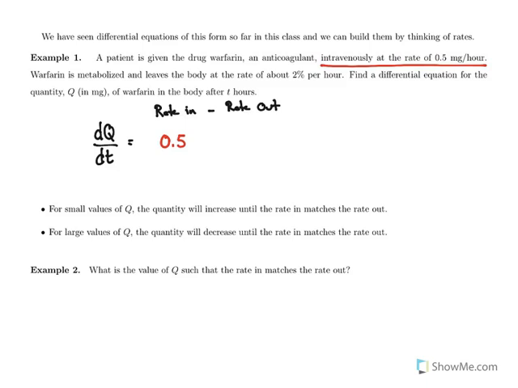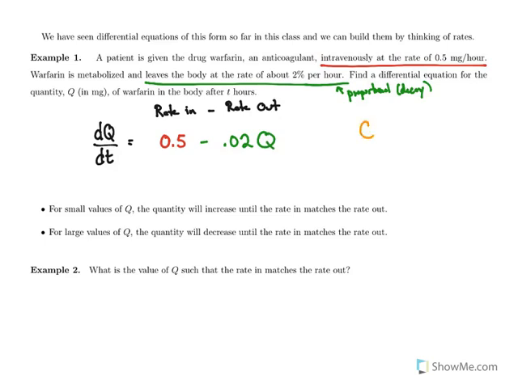Then it leaves the body at a rate of 2% per hour. Now that is proportional. We're going to think about this as exponential decay. More comes out at the beginning because there's more at the beginning; the 2% changes depending on how much is in there at the current time. So this is going to be 0.02 for the 2% of how much is in the body at the time.